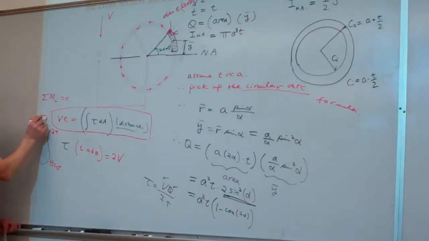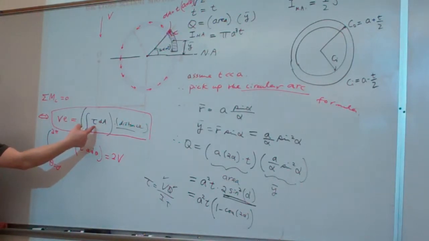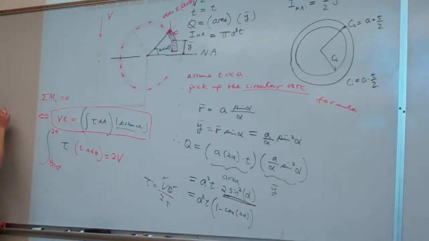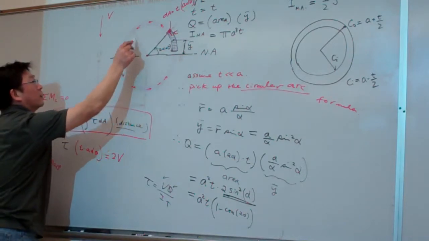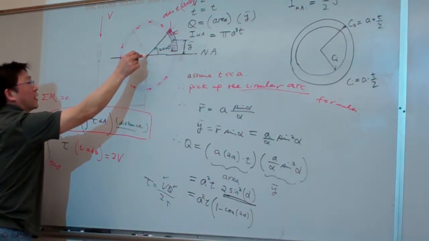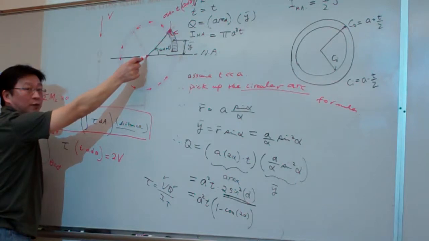okay, so we plug into these equations, then V e will be equal to, right now this is the force, 2V, and you can see this force is circulating and always has a constant distance about the point where we take the moment.